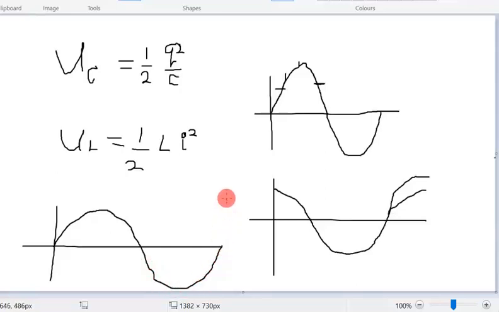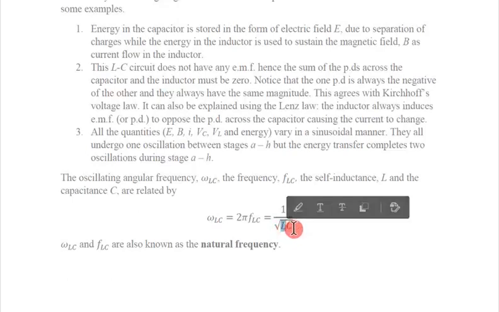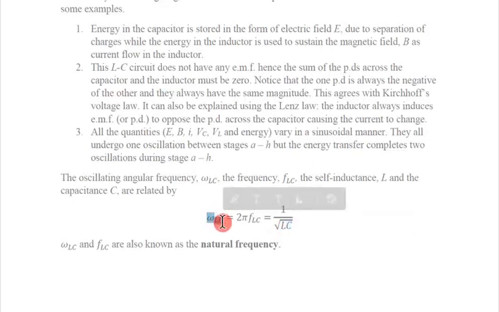The final bit, and perhaps the most important point I want you to realize, and we are not going to derive it, is that the oscillation has a particular frequency. If you give me the inductance of the inductor and the capacitance of the capacitor, then I will be able to calculate the angular frequency of the oscillation between the inductor and the capacitor.